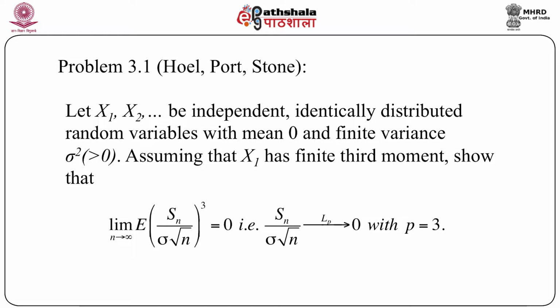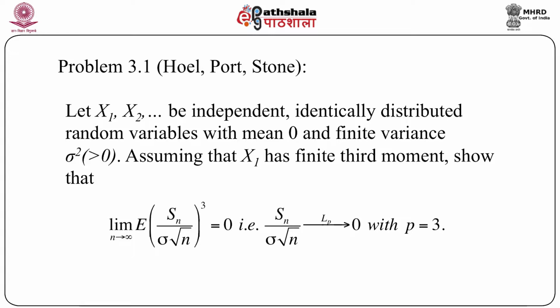And note that here we are interested in the expectation of Sn whole cube. So first we need to know the expression for Sn to the power 3, that is x1 plus x2 plus dot dot plus xn whole cube. So we should start with this algebraic expression.